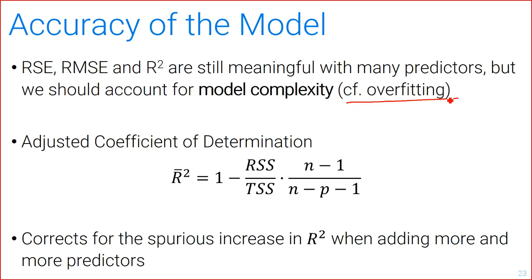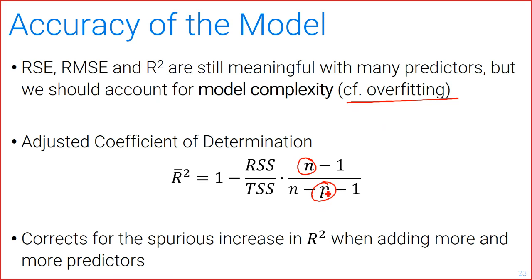And we have one called the adjusted R-square, the adjusted coefficient of determination, which is this R-square bar. And what it's doing is something very similar to before. We have the R-square, but we are penalizing here in a sense by first accounting for the number of observations and the number of features, the number of predictors.